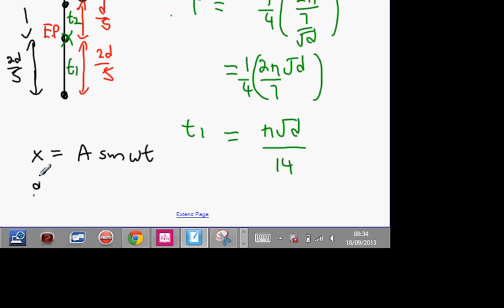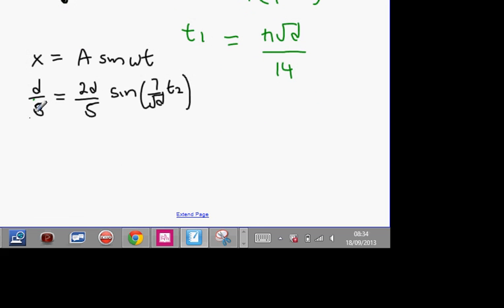D over 5 equals A. A is 2d over 5 sine 7 over root d times T2. Okay, let's figure this out. The 5's will cancel, the d's will cancel. It's equal to a half. Sine all of this equals a half.